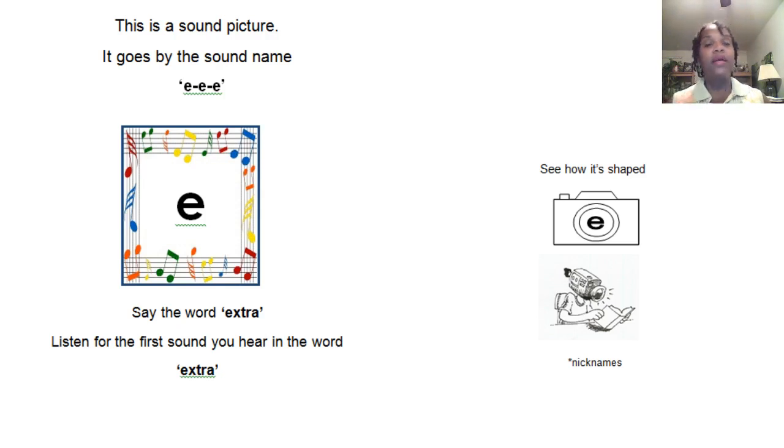All right. Now, look at this sound picture on your screen here and tell me, what does that shape look like to you? I'll tell you what it looks like to me. It kind of looks like a circle with one part of it missing, like a half circle.